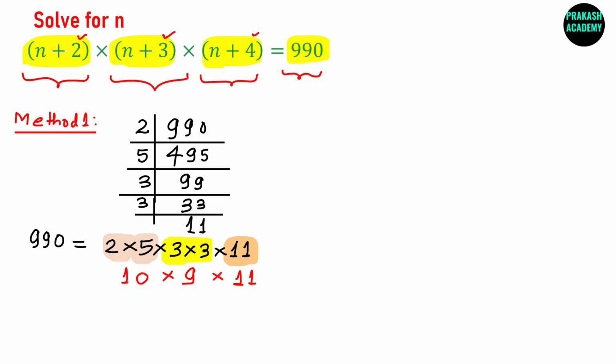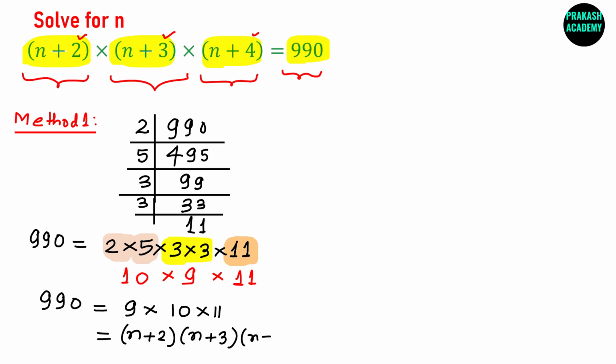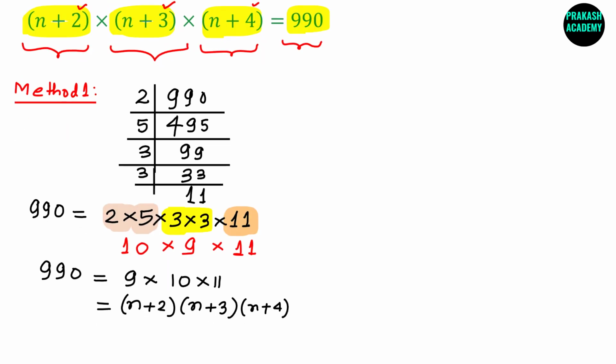So now I know I can write 990 as 9 into 10 into 11, which is equal to, as given in the problem, (n+2) into (n+3) into (n+4). So now you can equate any one.